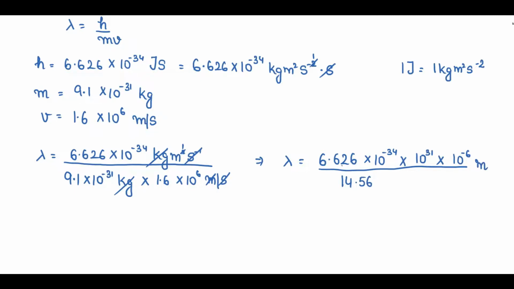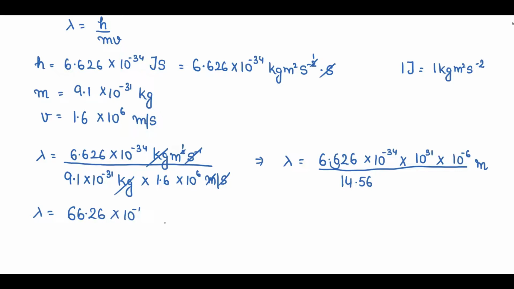Now this 6.626 is smaller than 14.56, right? To make the calculations easy, I'll simply make this 6.626 bigger than 14.56. For this, I'll displace this decimal by 1 digit from left to right. And if displacement of decimal is from left to right, definitely power will be negative, right?